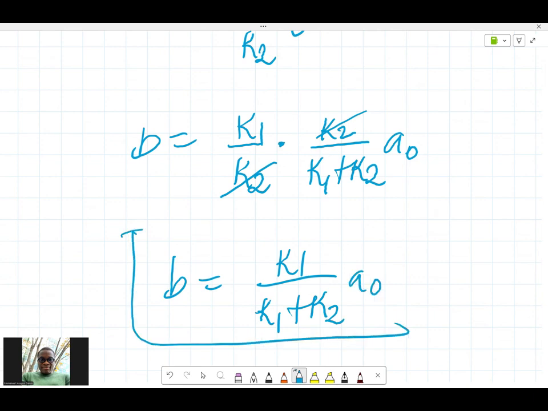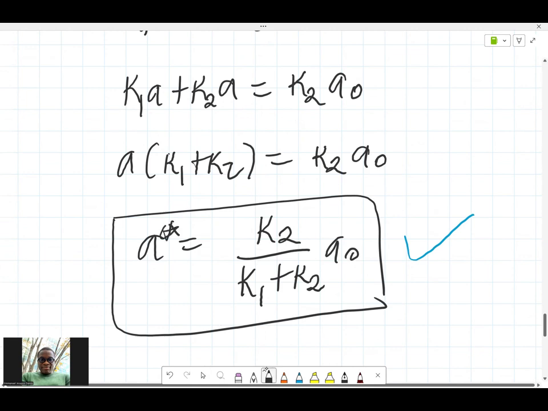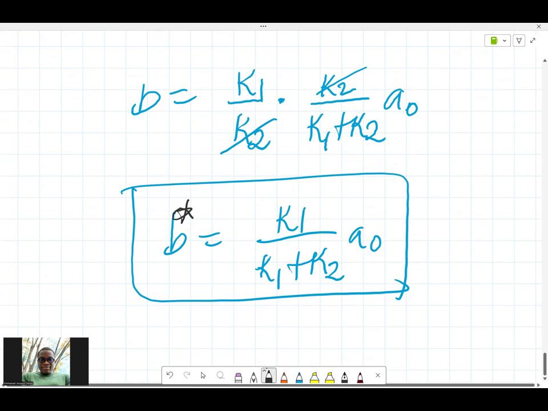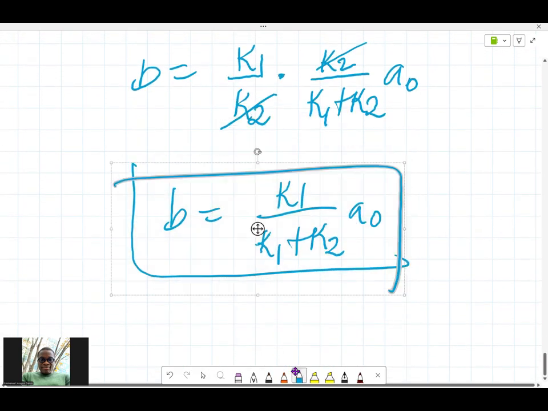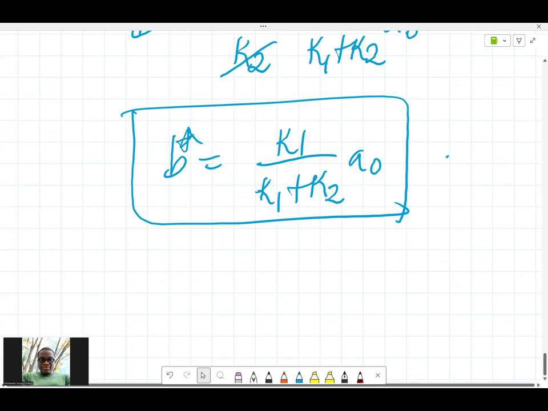So we have the equilibrium point. It is important to say this is A star, because these are steady state values, critical points. These are critical points. This is B star. So we have those two critical points now.